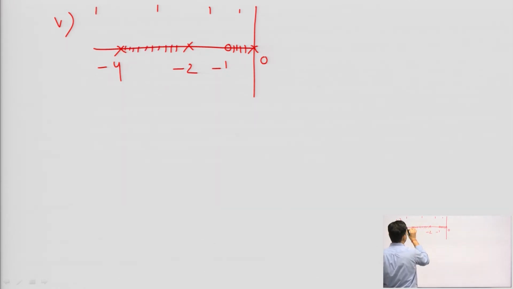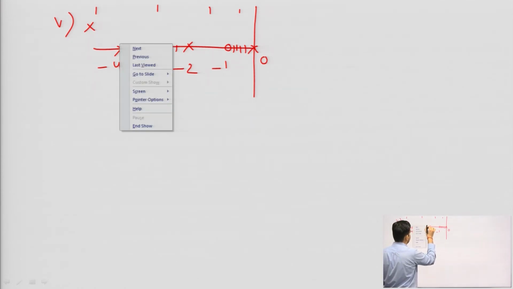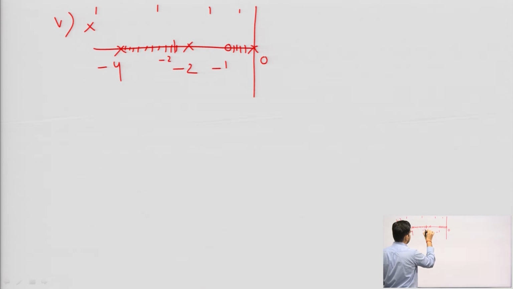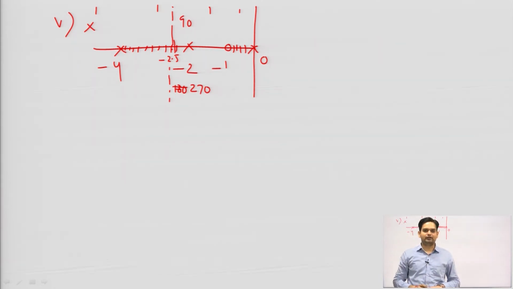If I am standing here, 3 poles and 1 zero, the count is 4, an invalid region, right. So this dashed line is the valid region of the root locus. Now my centroid point is coming at minus 2.5, at this point. If I draw, one angle is going toward 90, the second angle toward 270, sorry, 270, not 180. This is the angle which tells us how the poles go to infinity.